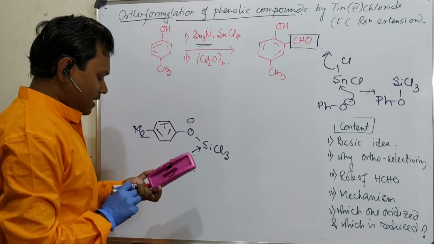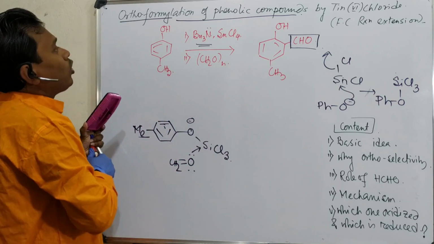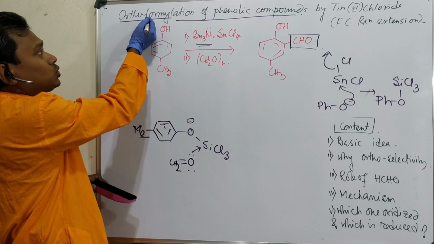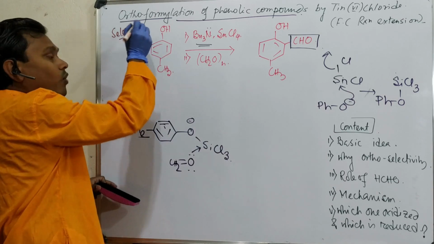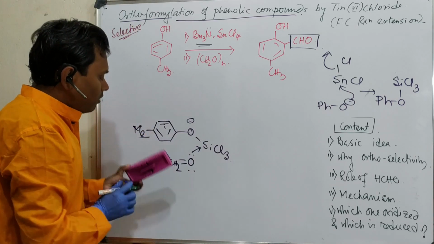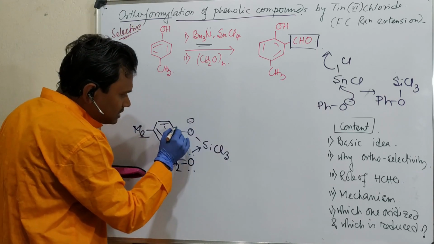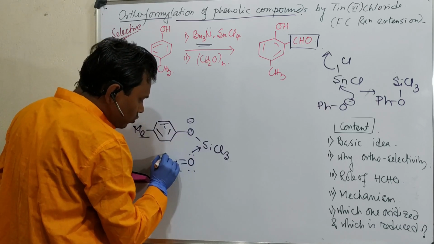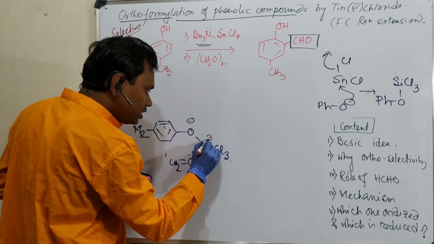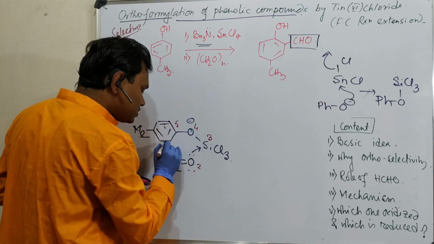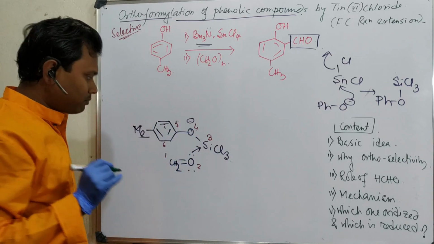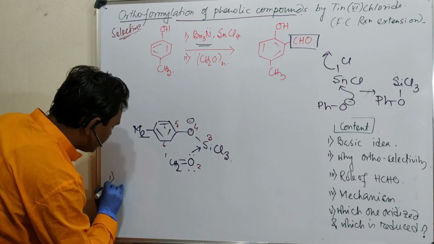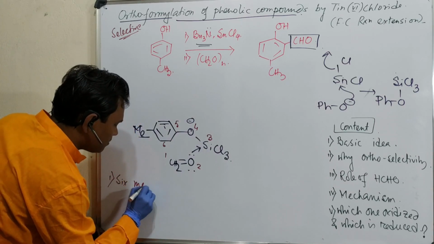Now see one thing, this is the methyl. See the word I told you previously: ortho-formylation means ortho-selectivity, so selective ortho. Why ortho-selectivity? Because right now this is 1, 2, 3, 4, 5, 6. If the reaction happens at ortho, a 6-membered ring formation is possible, number 1 point.